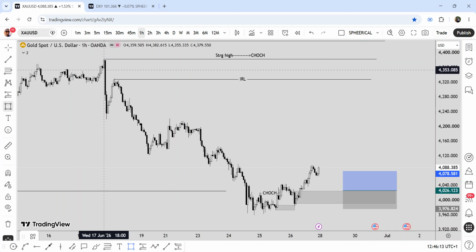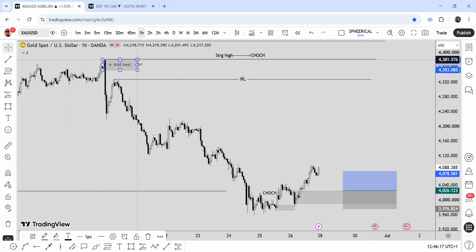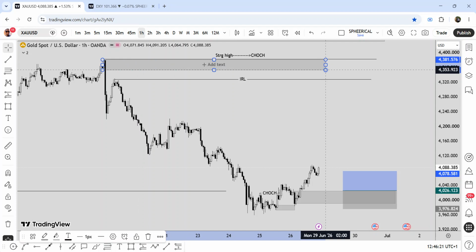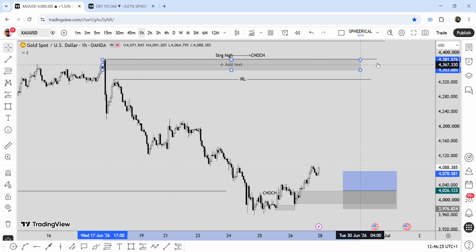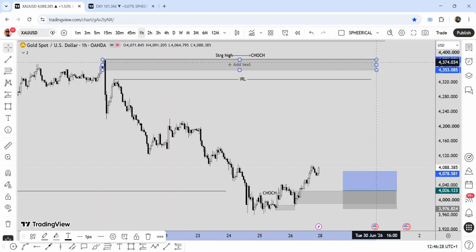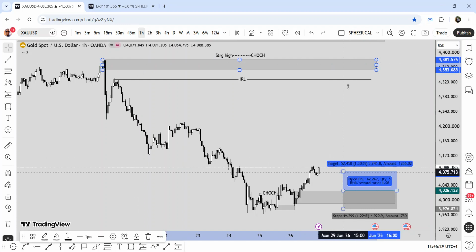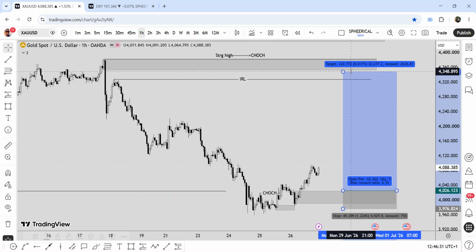So this is a surprise zone. It is very, very clear. Now that it's very clear, we are hoping to see a buy up to here. I'm hoping to see a buy.